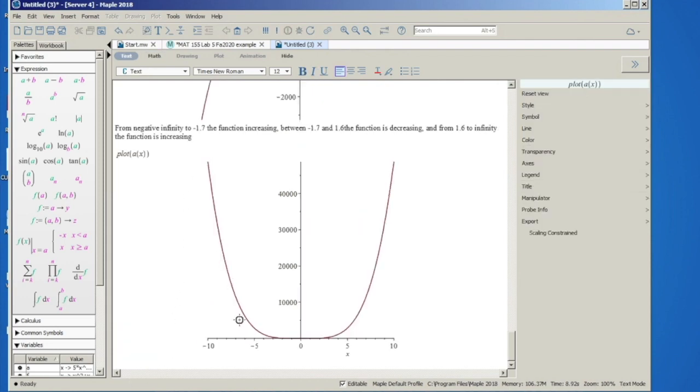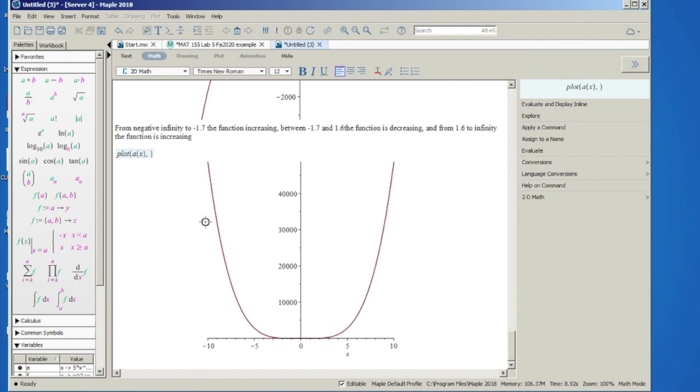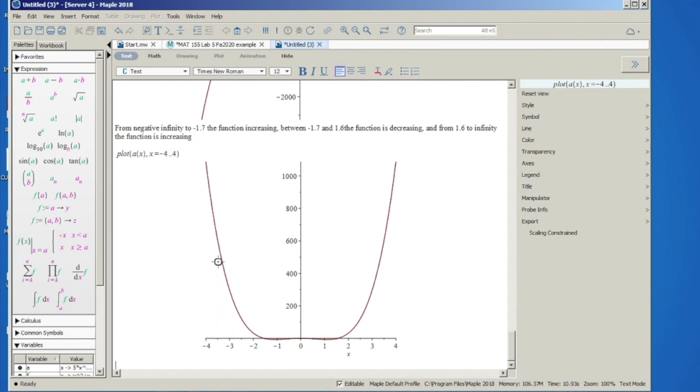And again, this looks like it's increasing from 0 to infinity and it's decreasing from -infinity to 0. But looks can be very deceiving. So let's try to zoom in. So I'm going to go from x equals -4 to 4.